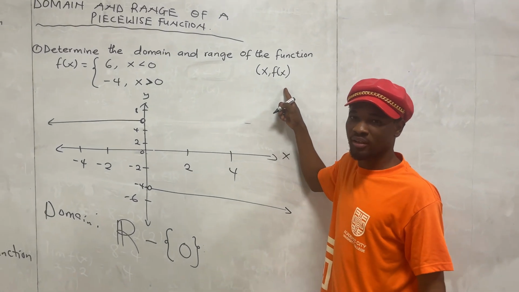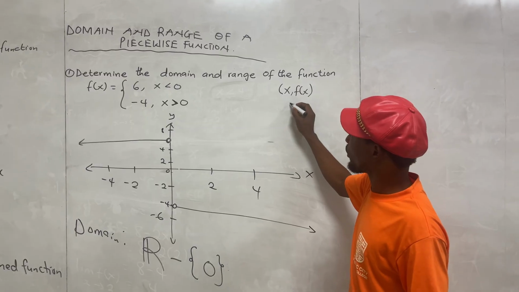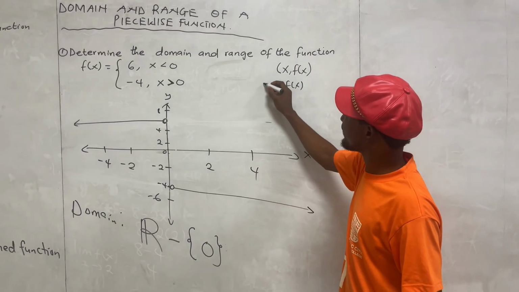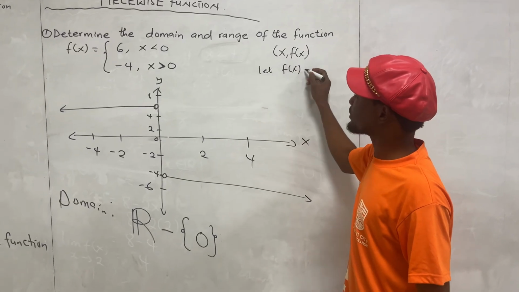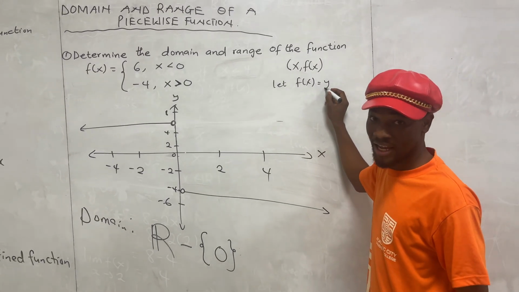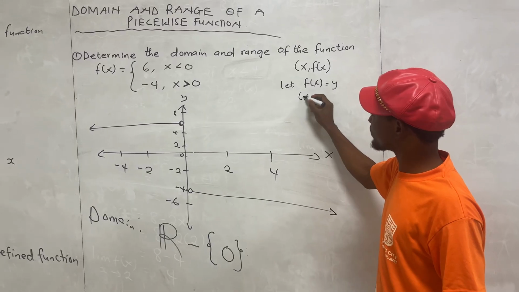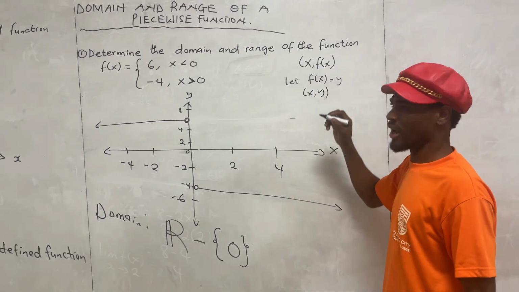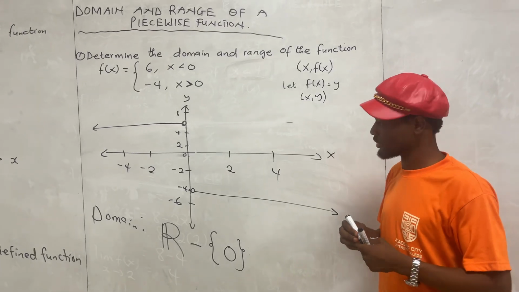Don't be confused here, all right? Remember, when you have f of x equal to your function, you say let f of x be equal to y. So I have x, comma, wherever I say f of x, it goes to y. Is that also good?